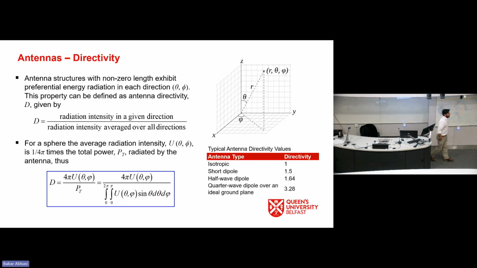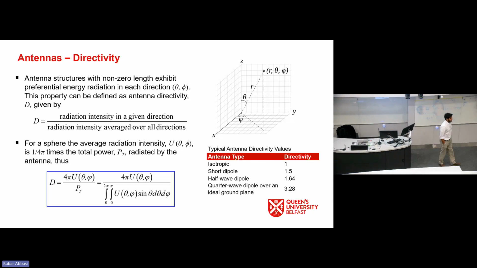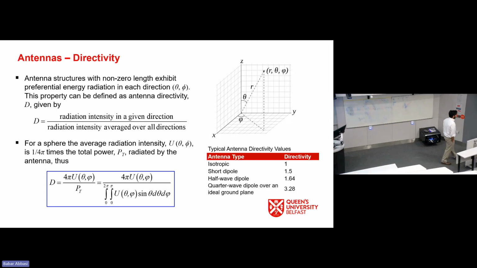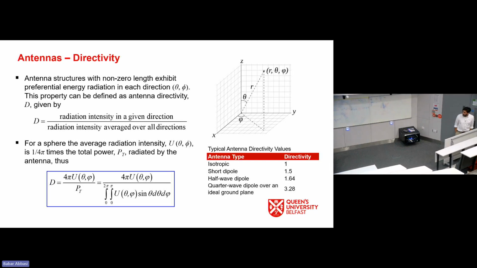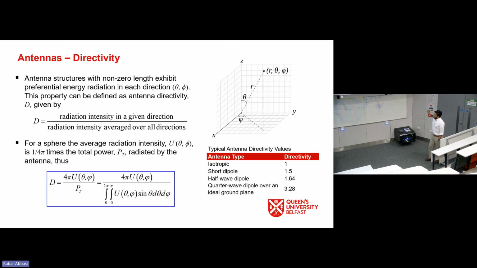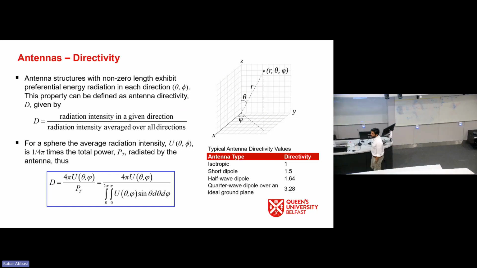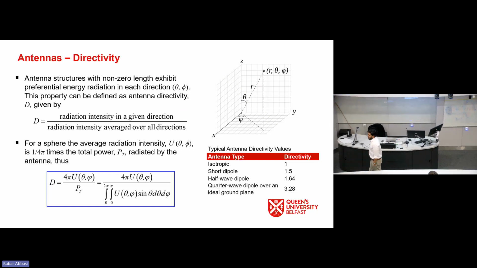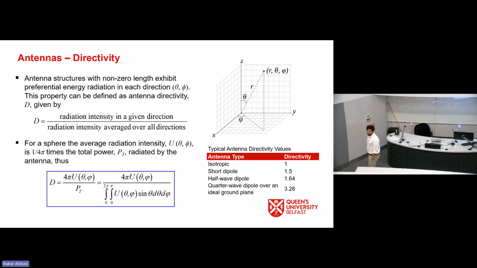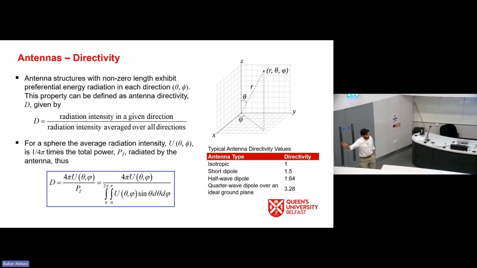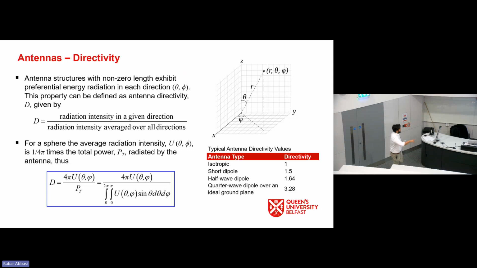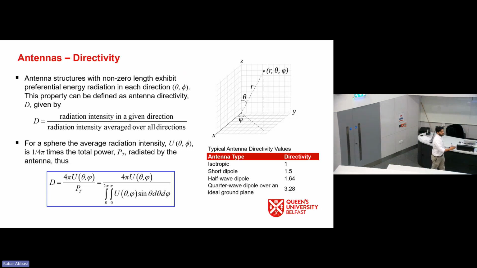Now let's look at some definitions that we generally use in antenna theory analysis and design. The first definition is directivity D. Just be considerate that this directivity D is different from electric displacement D that we have seen in Maxwell's equations. Take a note of it.